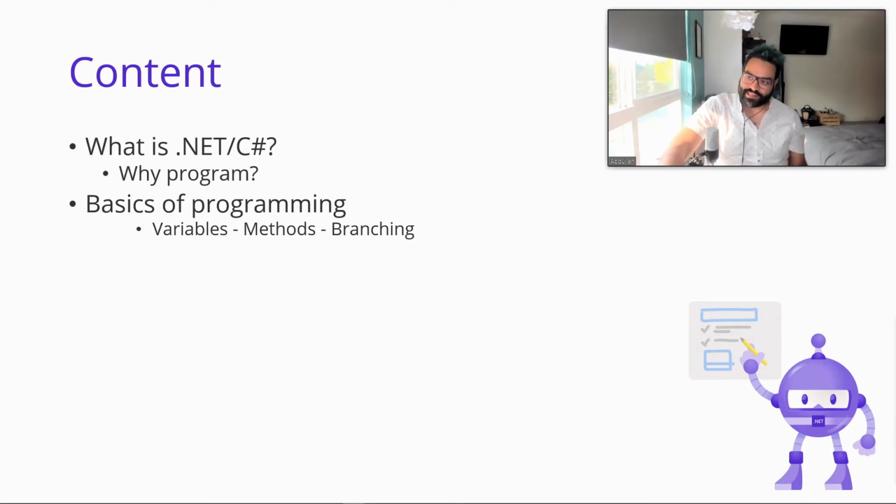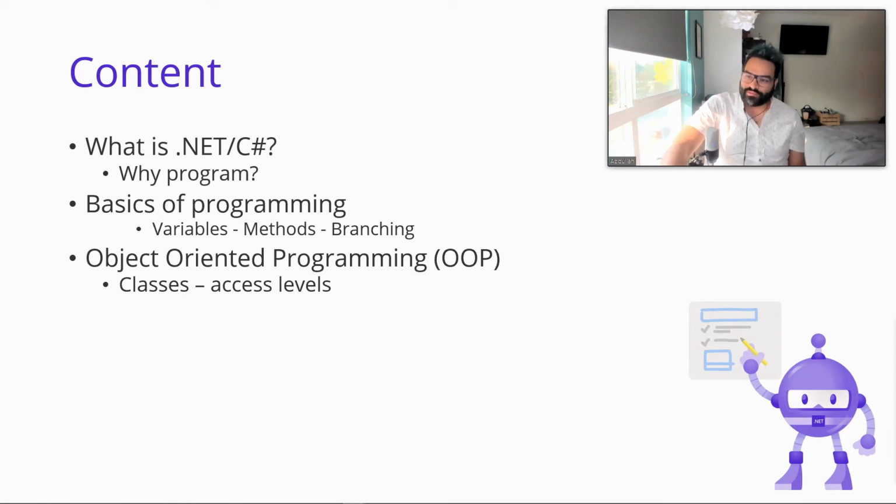Then I'm going to talk about basics of programming, building blocks like variables, methods, and branching. Then I'm going to dive deeper into object-oriented programming, and explain what classes are and what access levels are. These are things that start popping up with object-oriented programming.